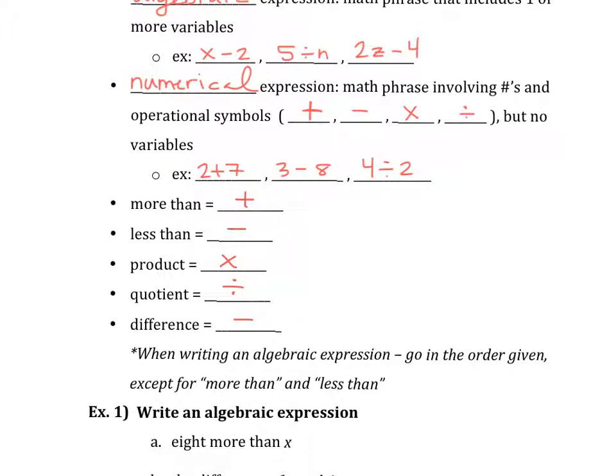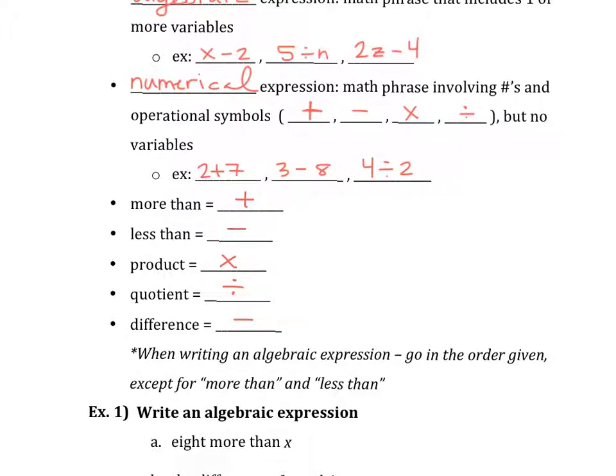If I said 7 is greater than n, then that would be 7, the greater than symbol, and then n. Basically, is there an "is" involved? But for now, it's going to be the symbols. And I'll give you some examples of that in just a minute.